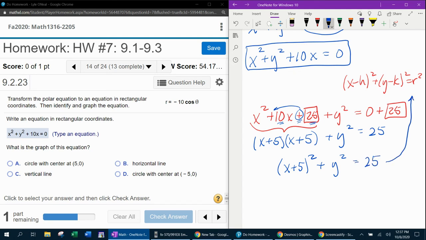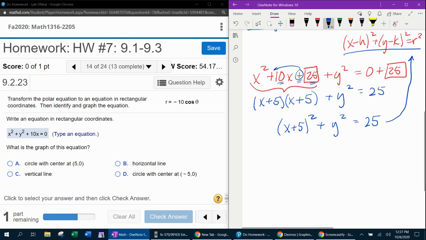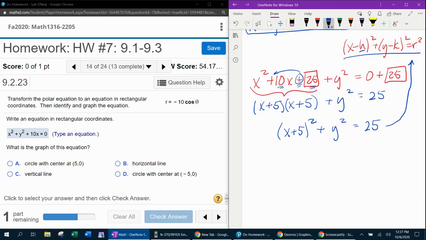Notice that that does match the standard form of the equation of a circle. And not only that, I know that the center of the circle is the ordered pair h comma k. Y'all are going to get a lot more in this video than you planned for. The center is h comma k, and we can see that h is going to be -5, and k is going to be 0. y minus 0 is just y squared.